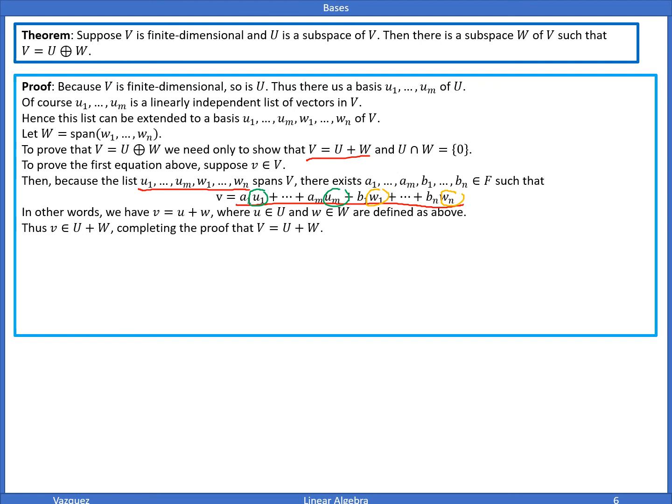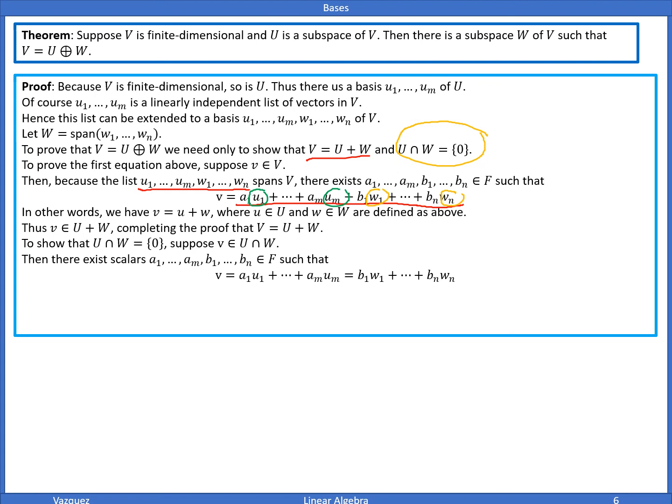Now, we need to show that their intersection is only the zero vector. To show that, suppose v is in their intersection. Well, there exist some scalars a1 to am in F such that a linear combination of the vectors u1 to um is equal to v.